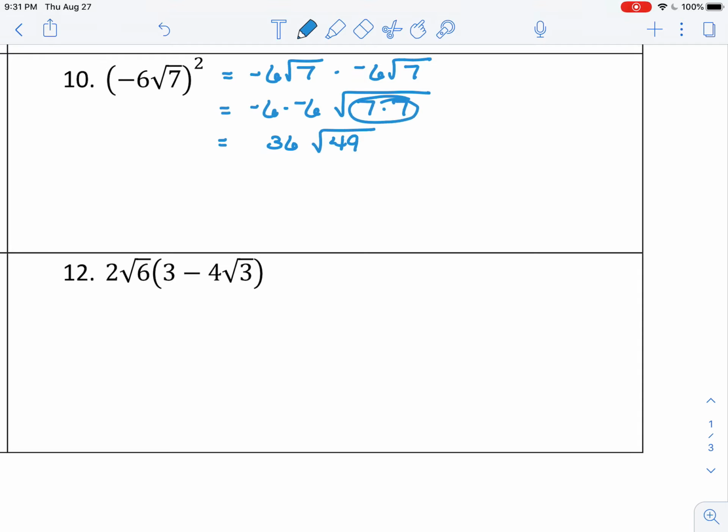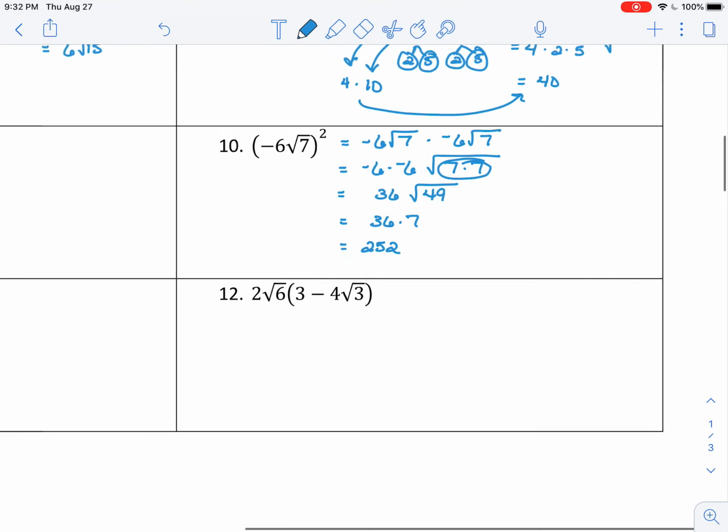But I clearly had a pair of 7s there. Pairs make perfect squares, so I don't have any square roots anymore. The square root of 49 is the number 7. So I just have remaining 36 times 7, which, thanks to my calculator, tells me is 252. There's no radical because the squaring canceled it.